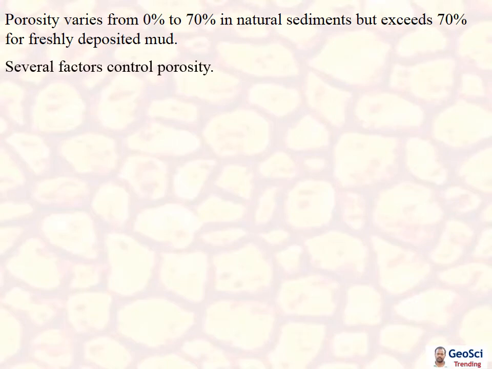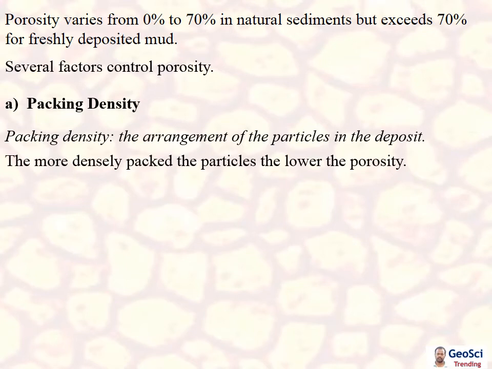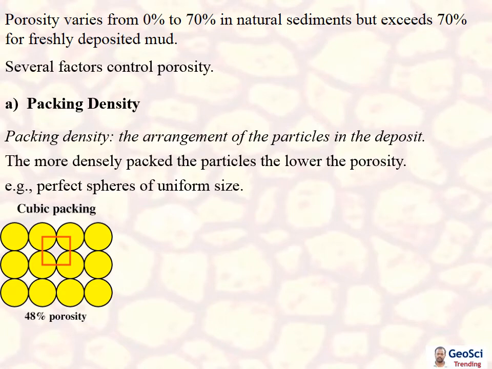Several factors control porosity. Packing density: the arrangement of the particles in the deposit. The more densely packed the particles, the lower the porosity. Example, perfect spheres of a uniform size. Let's look at this figure.